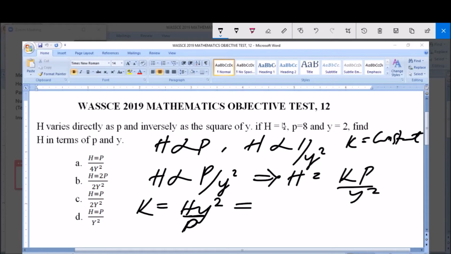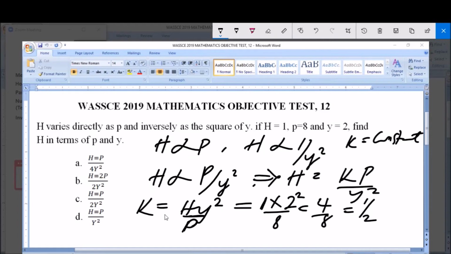Now according to the question, h is 1 multiplied by y, which is 2 squared, divided by p, and our p is 8. So 1 times 2 squared is 4, which is 4 over 8, and that's 1 over 2. So it means our k, our constant of proportionality, is 1 over 2.